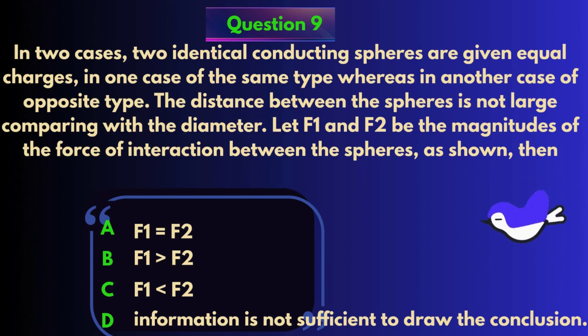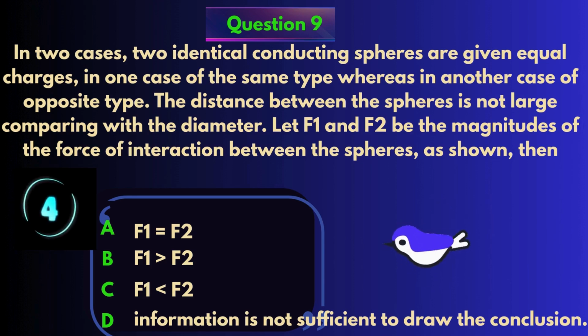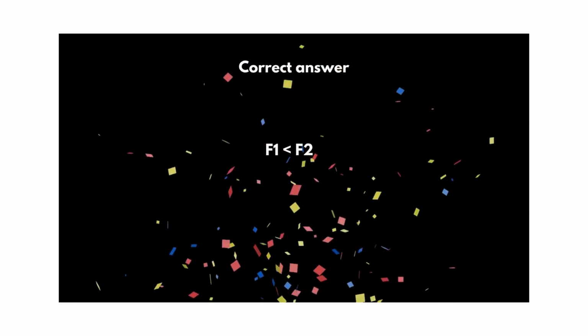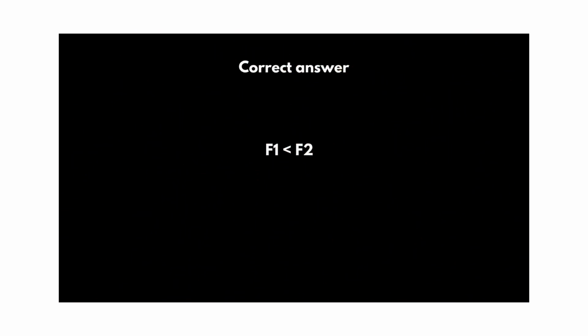Choice B, F1 greater than F2. Choice C, F1 less than F2. Choice D, information is not sufficient to draw the conclusion. Correct answer: F1 less than F2.